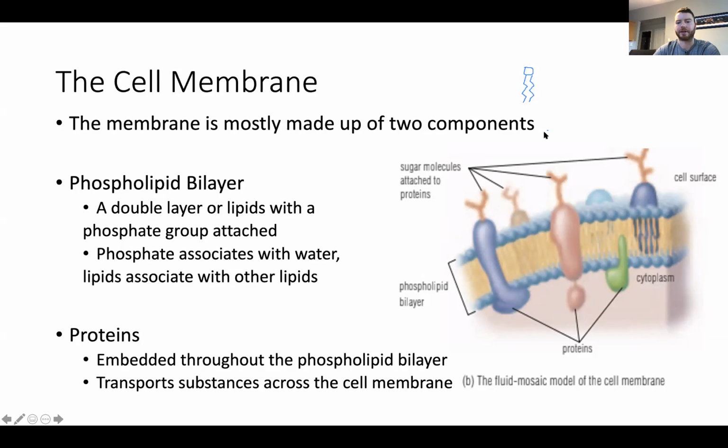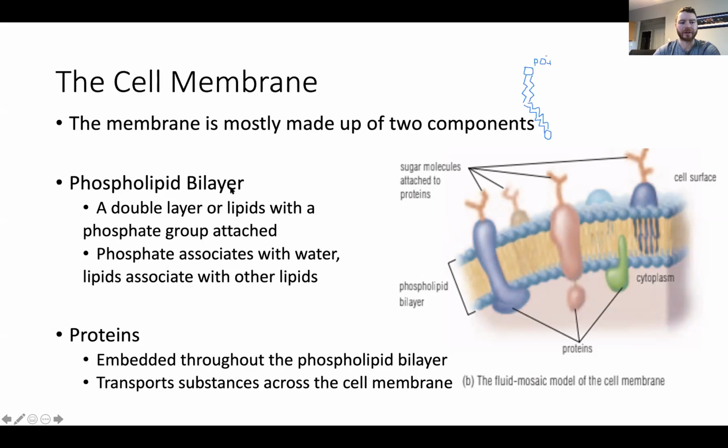I'm just going to draw this one a little sideways here. Okay, this is why we have a phospholipid bilayer, because there are 2 layers of there. Remember, our phosphate groups are hydrophilic, so water loving, so they point to the outside, and the lipid tails are hydrophobic, so water hating, afraid of water, so they point towards the inside.